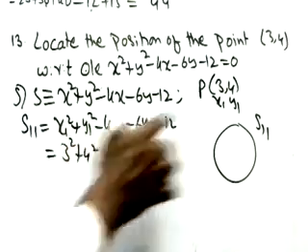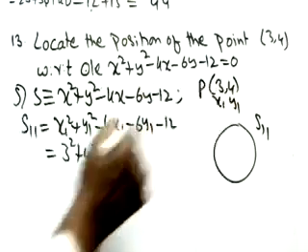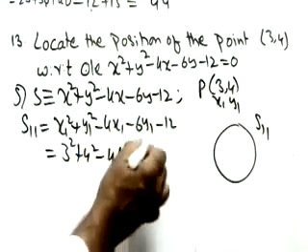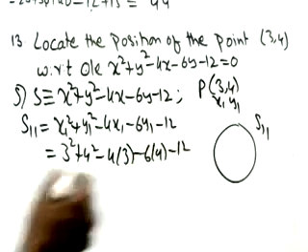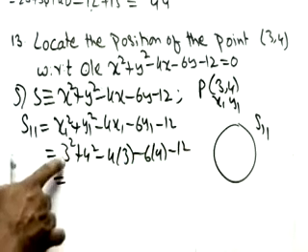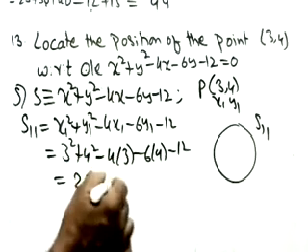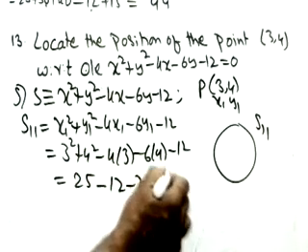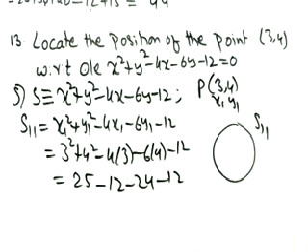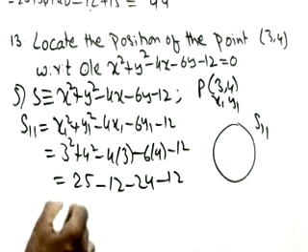Now let me substitute the values. 3 square plus 4 square minus 4 into 3 minus 6 into 4 minus 12. 4 square is 16, 16 plus 9 is 25, minus 12, minus 24, minus 12.